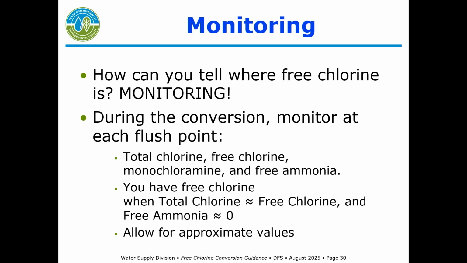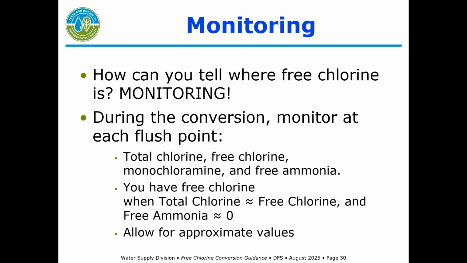Then you can be sure that your flush point has free chlorine when you see that the total chlorine value is pretty much the same as the free chlorine value, and your free ammonia is close to zero. As I mentioned before, you can get a little bit of a false positive on that free ammonia test, so don't expect you're going to get 0.00.